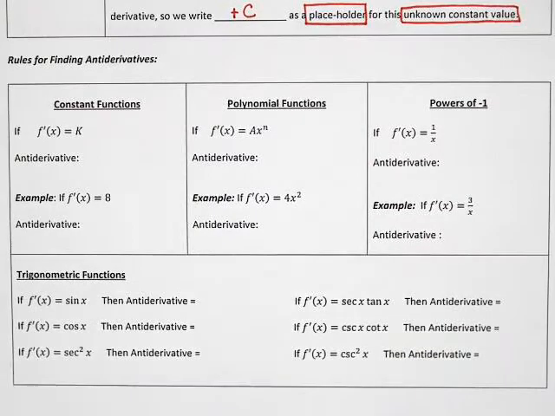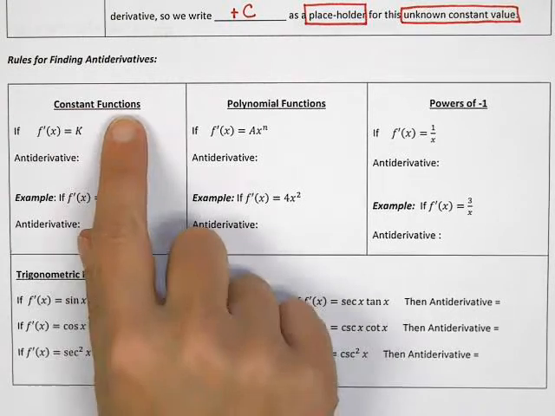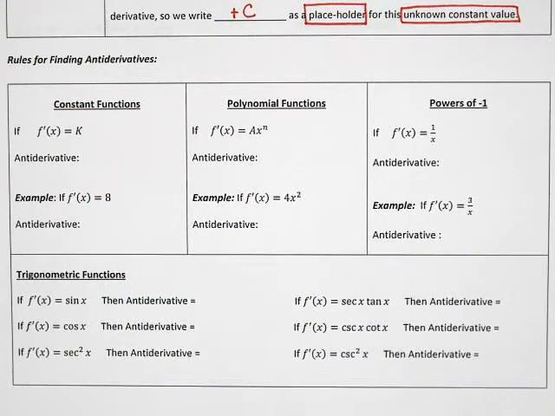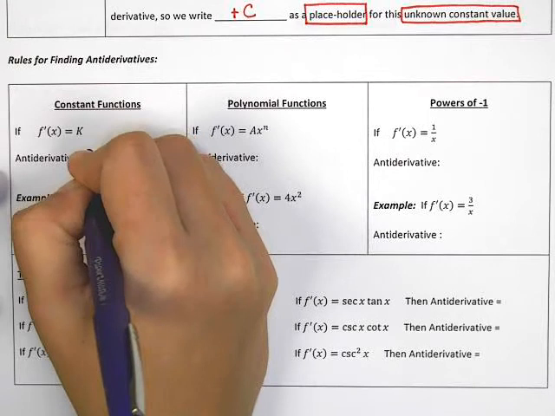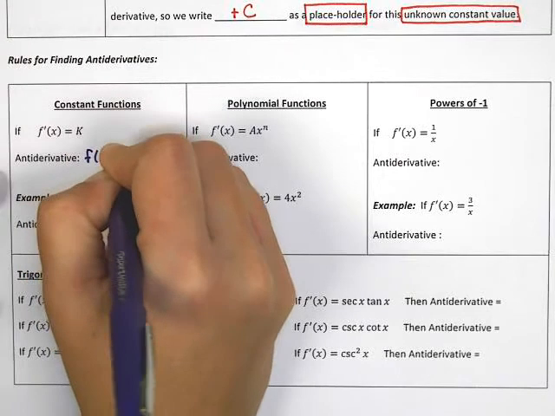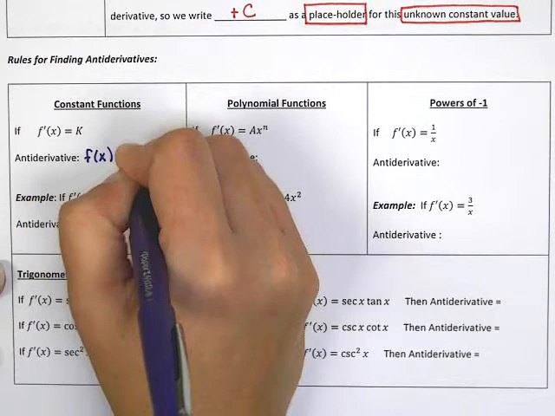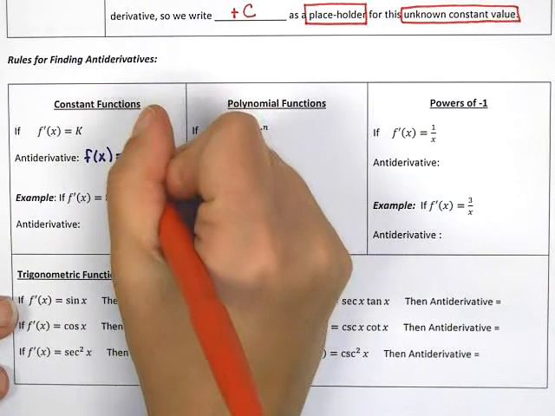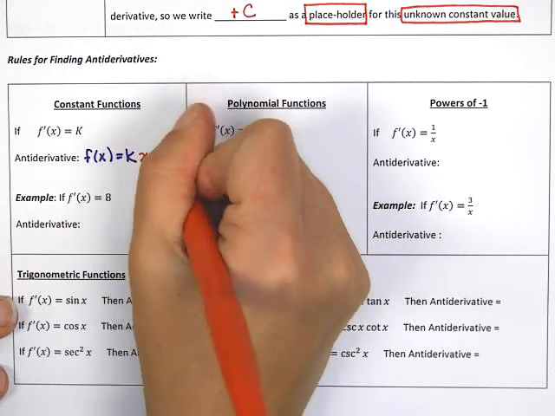So here are some rules. Now we did an investigation in class that hopefully allowed you to start thinking about some of these rules, and we're going to formally write down what you do with these rules now. We're going to start with the rule for constant functions. If your derivative is just a number, then the antiderivative, or the original, would have just been that number times x plus c.